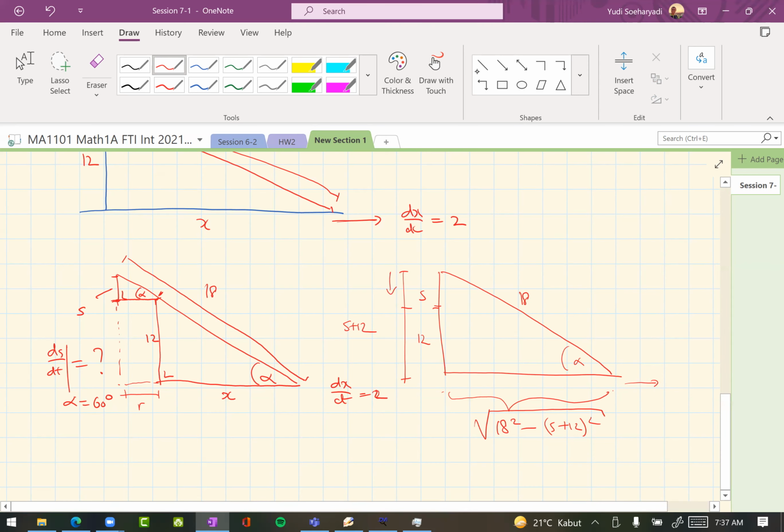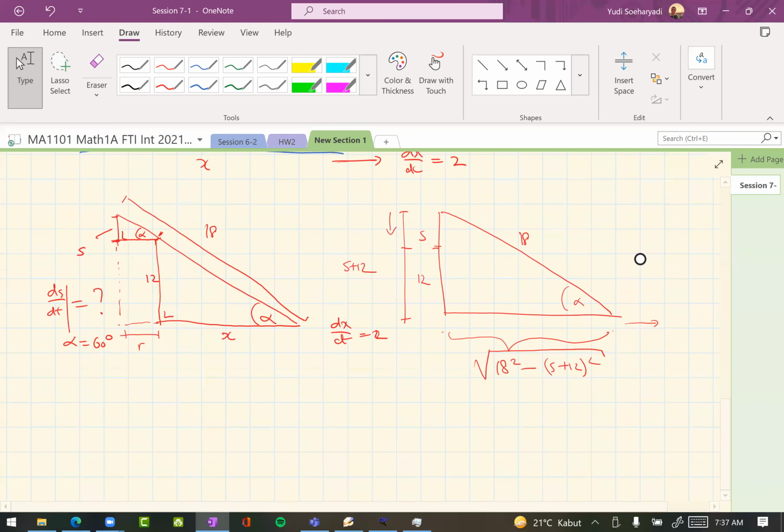Do you see the picture here? So this is the X. This is X bar.